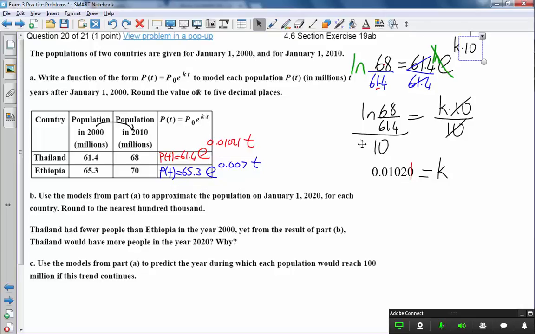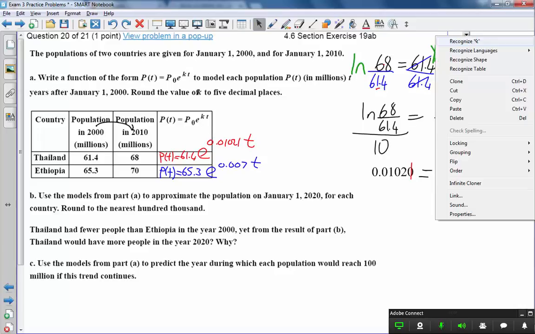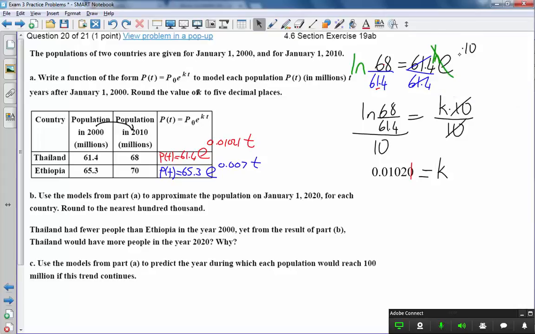But k is known now. What is k? 0.01021. T is unknown. How many years will it take to become 100 million?